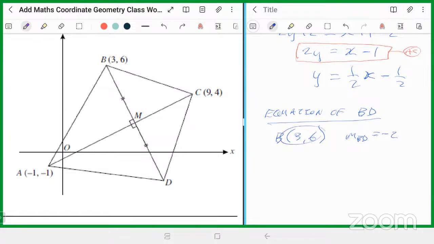I'm using this point and this gradient to get the equation. So the equation would be y minus yb equals the perpendicular gradient -2 into x minus xb. Because the y value at B is 6, the gradient is -2, into x minus the x value at B, which is 3.